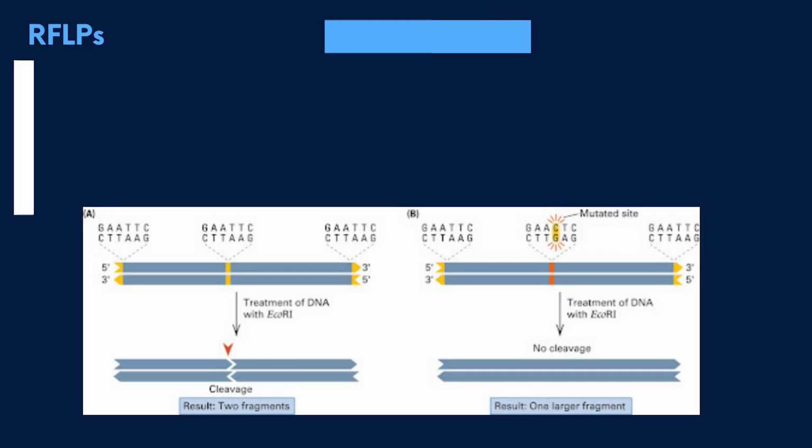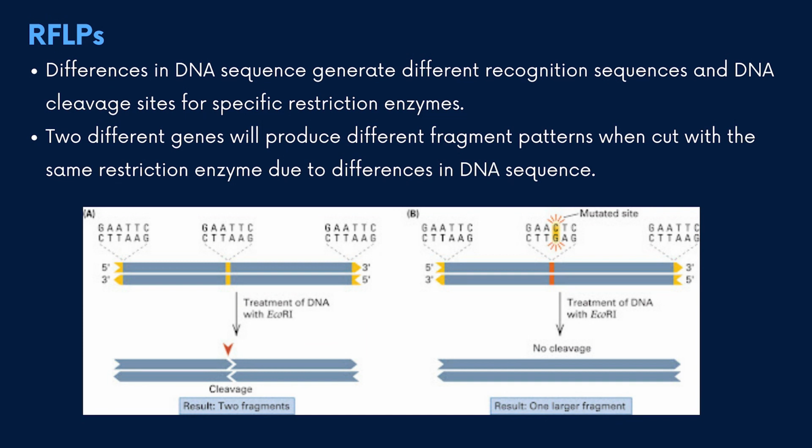Now, how is RFLP analysis done with the help of restriction endonucleases? We will just have a quick recap of it. Differences in DNA sequence generate different recognition sequences and DNA cleavage sites for specific restriction enzymes.